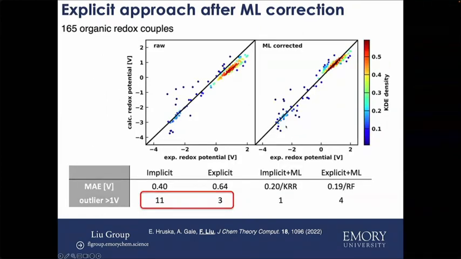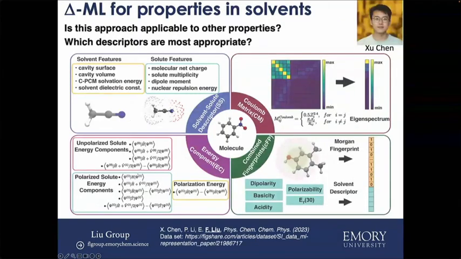We also verified that this approach is useful when the redox potential results are generated by an explicit solvent model. So it can be used for both explicit solvent and implicit solvent calculated data sets. We also verified that this approach can be used for other properties such as absorption energy.